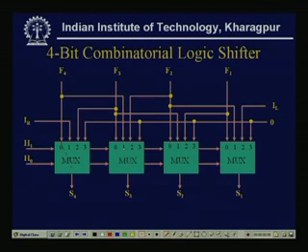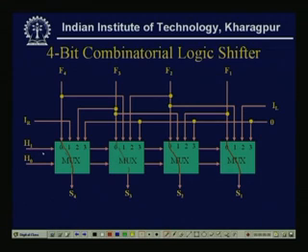Similarly for S3, this 0 line should be passed, here this should be passed, here this should be passed. So, whatever we are applying, the 0th input, and F1 to F4 are attached with that. So, S is F.